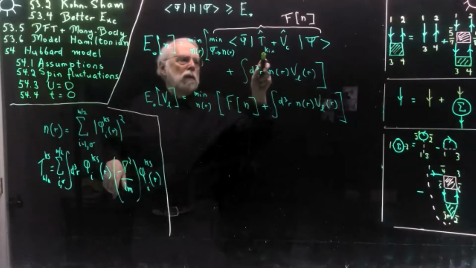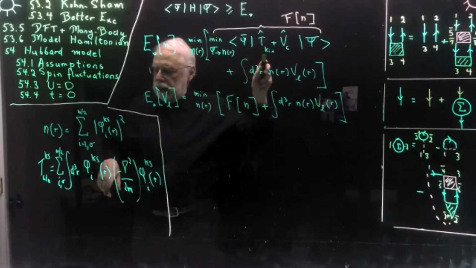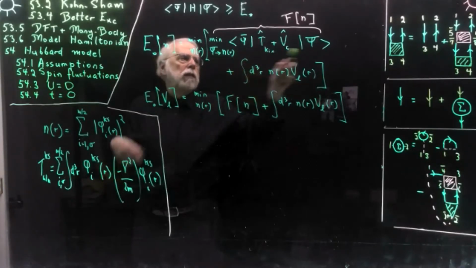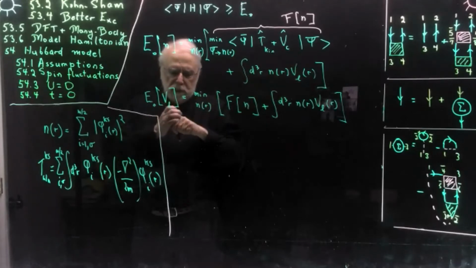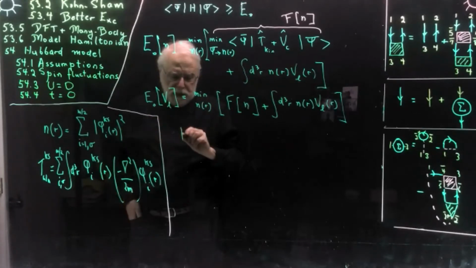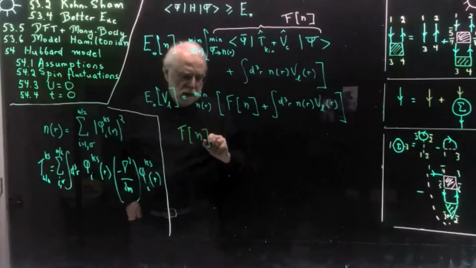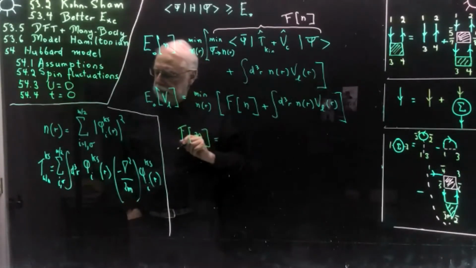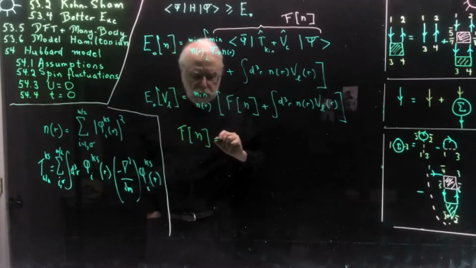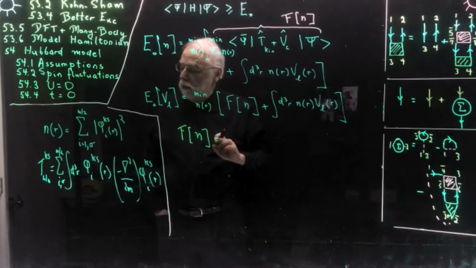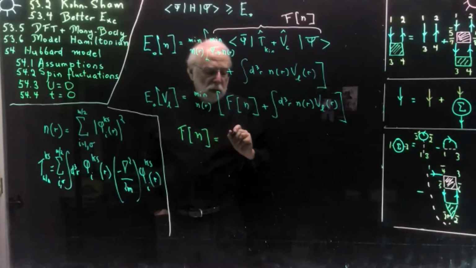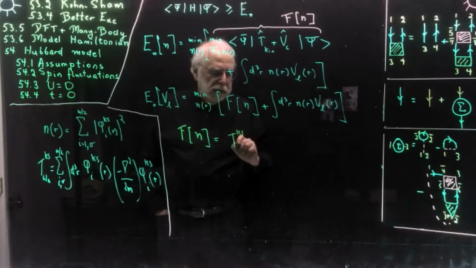Okay, so for this functional, what do we write? For F of n, we write that it is approximately, well, no, I will put this as an exact statement for now. It's equal to the Kohn-Sham kinetic energy.